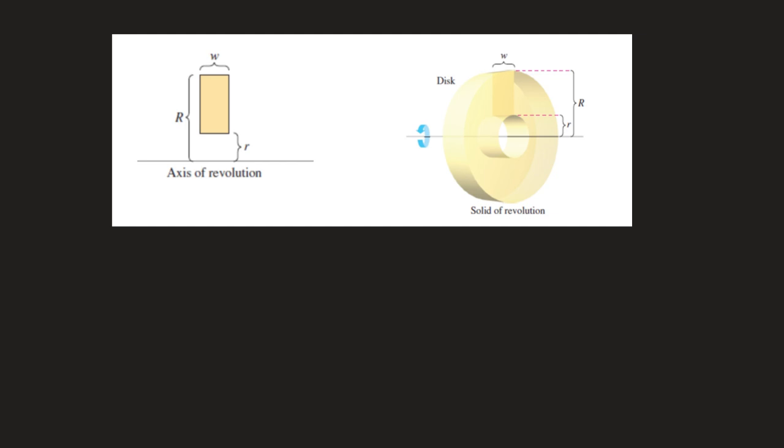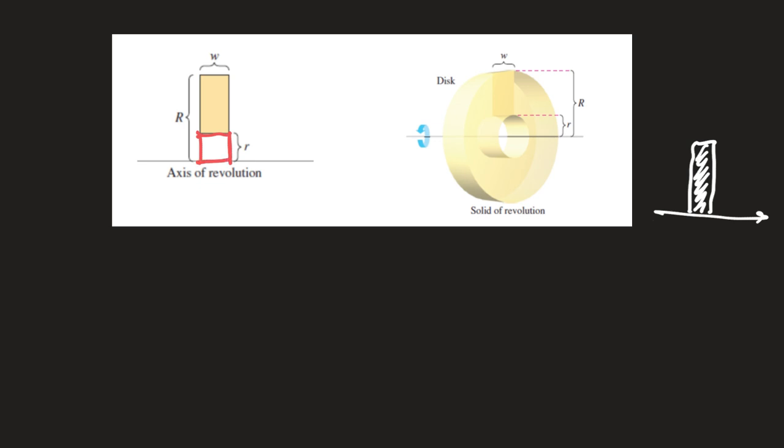Look at this graph. With the disk method, remember in the previous video, we rotated a rectangle. This one has a hole right there.